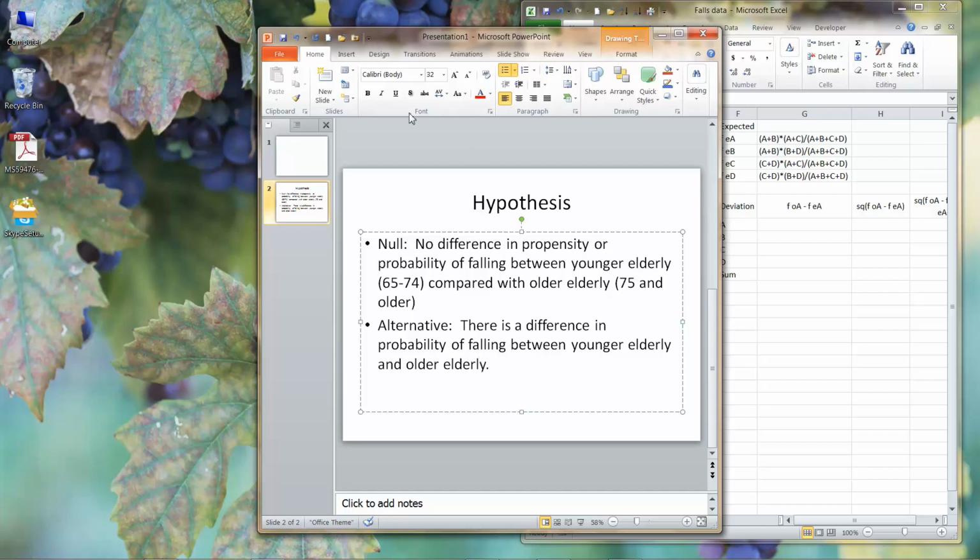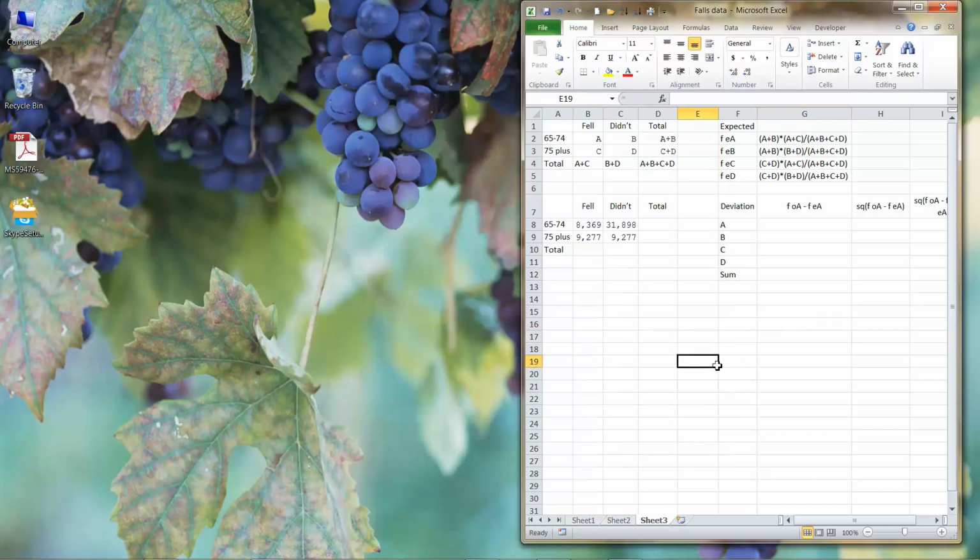So there are hypotheses, and here's our data in our cells, so that our first cell is younger elderly who fell. This is a compilation of fall statistics, so we have 8,369. Among the younger group, 31,898 didn't fall. 75 plus, 9,277 fell, 9,277 didn't.